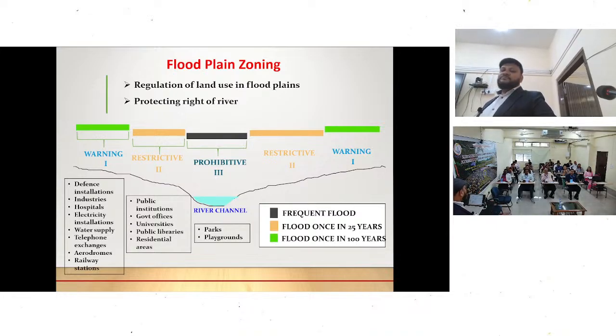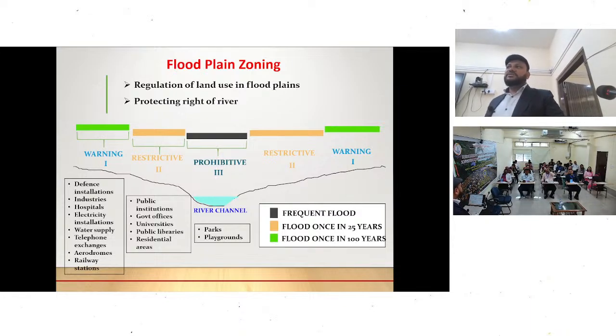What is floodplain zoning? It means the whole floodplain of the river has to be divided, may be divided into 3 parts.